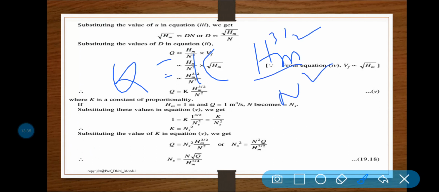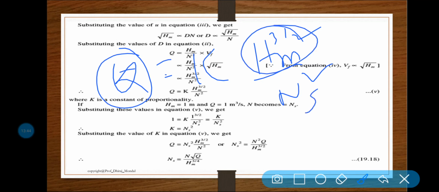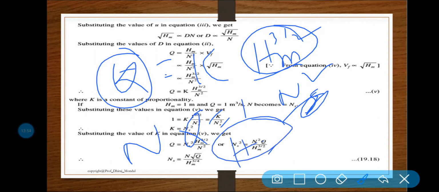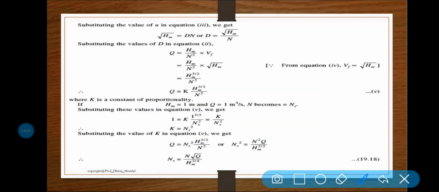I think it is clear. Now what is the definition of the specific speed? For unit discharge and unit head, whatever the speed we are getting, that is called the specific speed. So at that time, if I put Hm equal to 1 and Q equal to 1, N will become Ns.